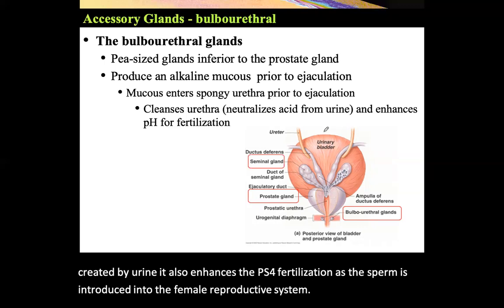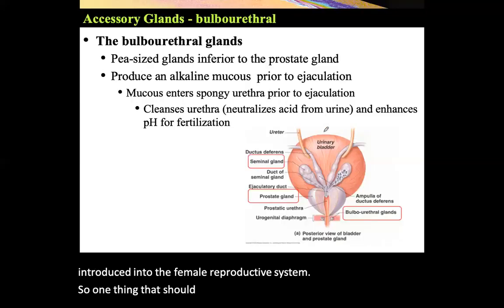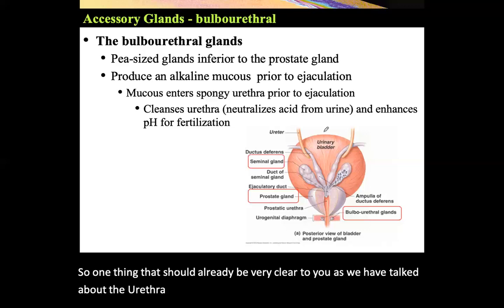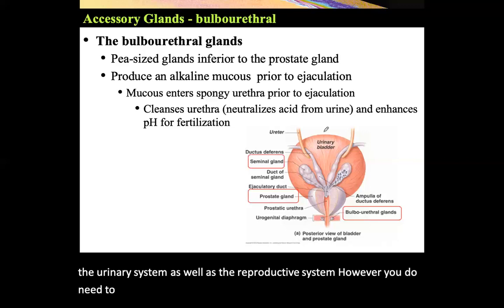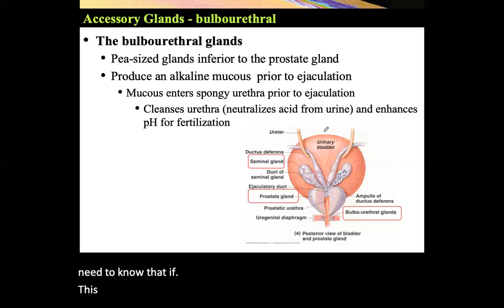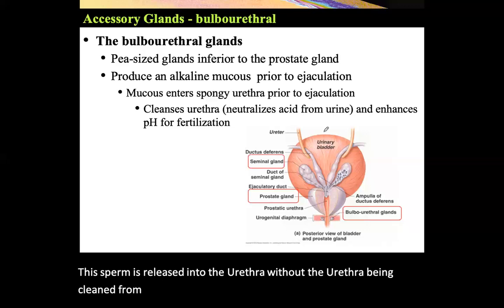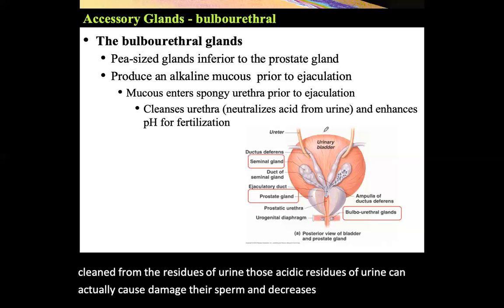One thing that should already be very clear to you, as we have talked about the urethra, is that in male systems the urethra is shared by both the urinary system and the reproductive system. However, you do need to know that if the sperm is released into the urethra without the urethra being cleaned of the residues of urine, those acidic residues can actually cause damage to the sperm and decrease its fertilization chance.